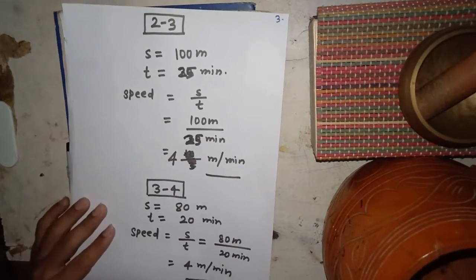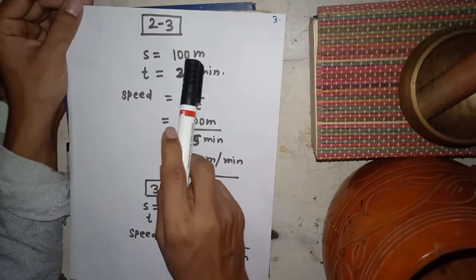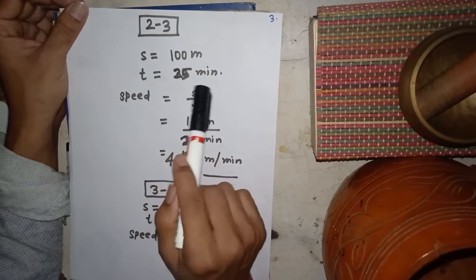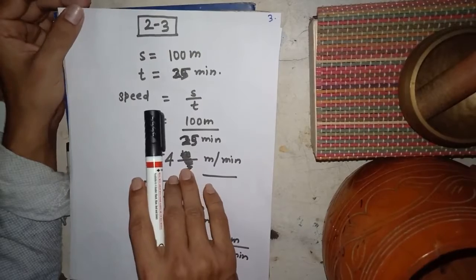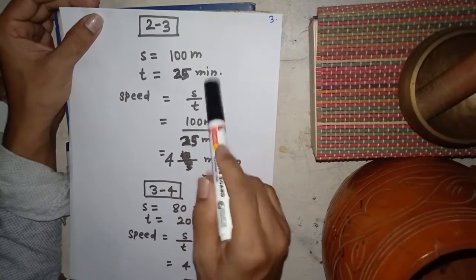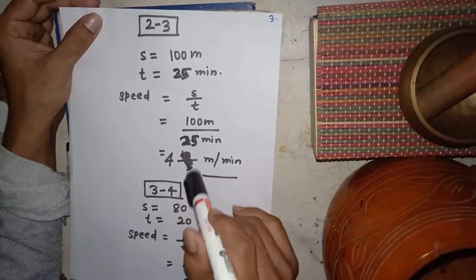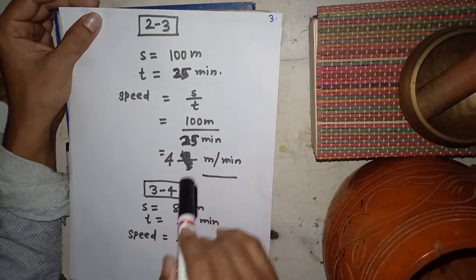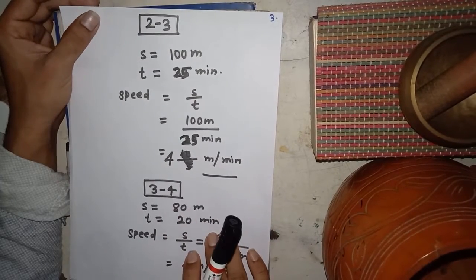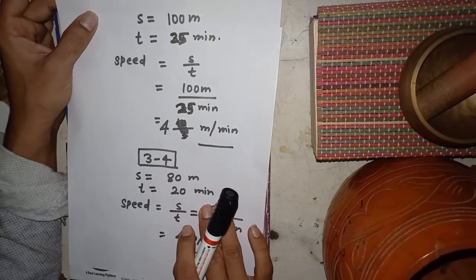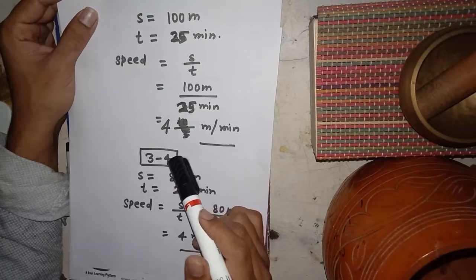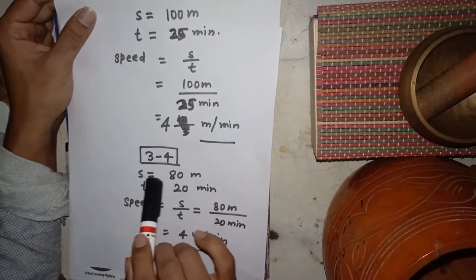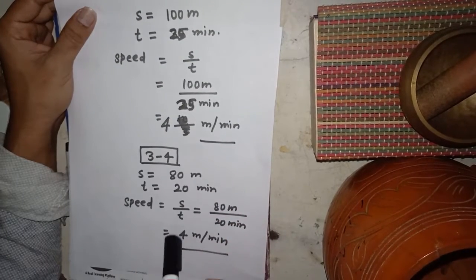That's why I have written here total displacement is 100 meters and total time is 25 minutes. So the rate, or speed or magnitude of velocity, is nothing but total displacement by time. This becomes 4 meters per minute. So here you also get the same result as before. And similarly in the case of 3 to 4, you get the same answer as before.